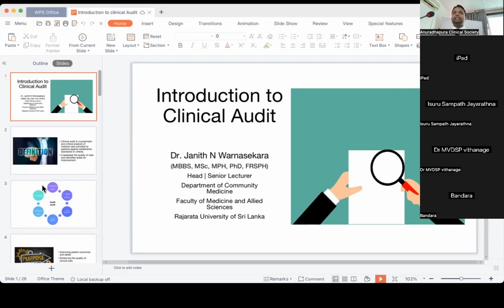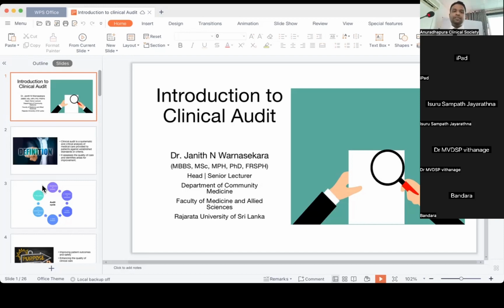Then you can collect data or do the audit to find out whether the standard thing is happening or not. Then, based on the findings, you can implement some actions, and after that you can re-audit. In order to re-audit, you need to identify the problem again. So this is the audit cycle.